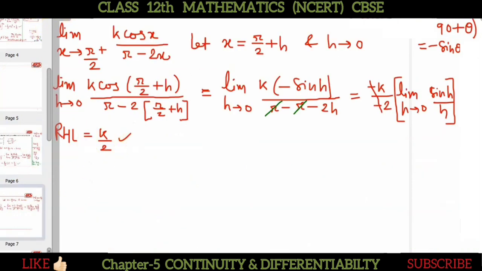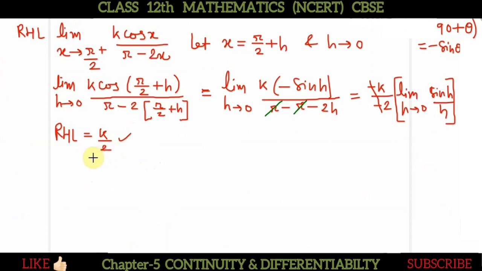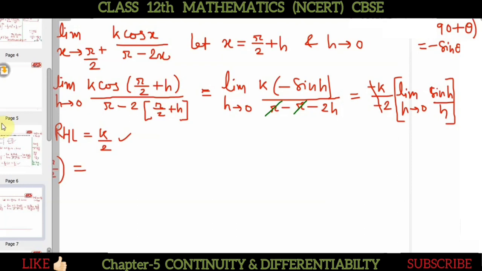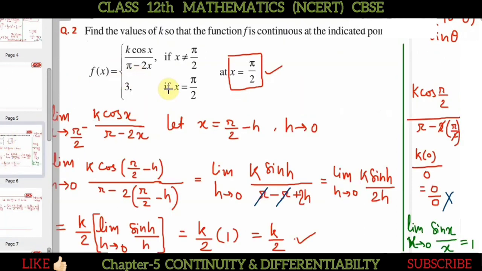Now LHL equals RHL. What is the value of f of pi by 2? In the question, at x equal to pi by 2, the value of the function f x is 3.